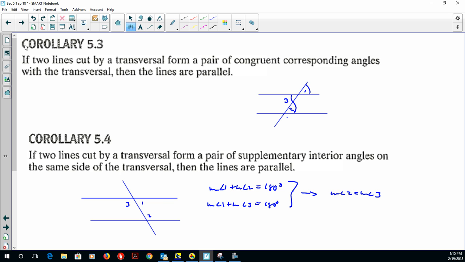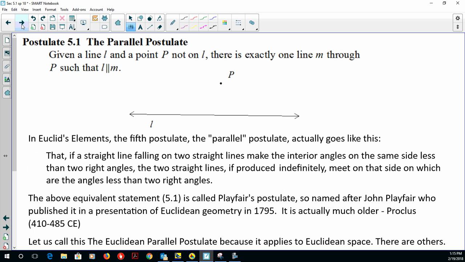Now, back in the previous chapter 4, when we were doing triangles, we assumed a number of postulates that lots of books don't assume. But you have to assume a few things, and Euclid, when he wrote the Elements, made a number of assumptions, and Euclid's 5th postulate is what's called the parallel postulate.